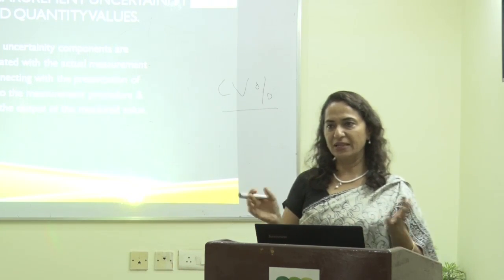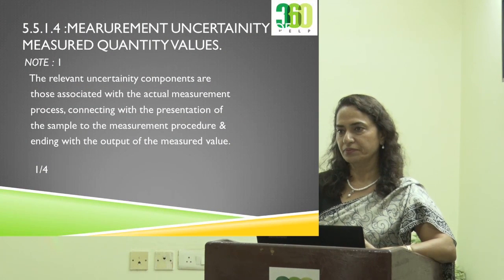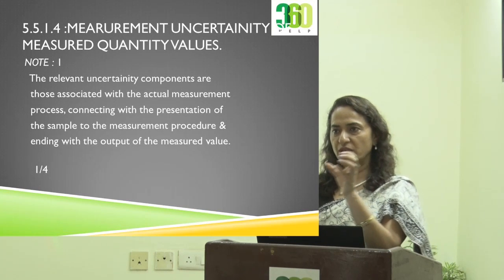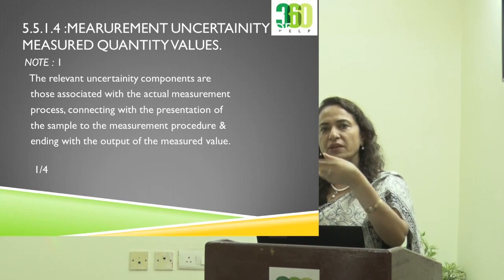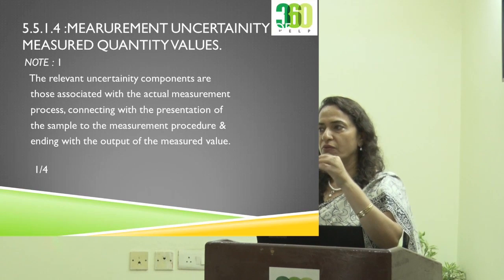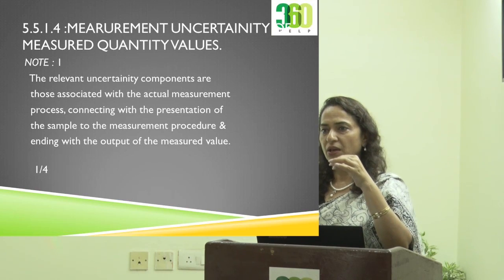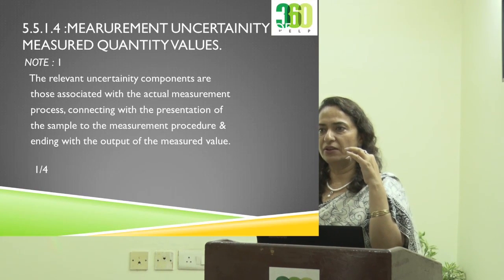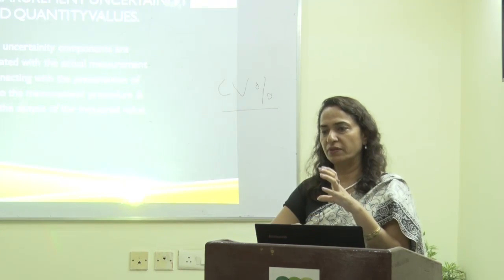So in layman's language, what does it mean? CV percentage, coefficient of variation, means how much variation are we allowing for any sample. That if it should be 100, if it is still 95 or it is still 105, we still accept it. That is coefficient of variation.